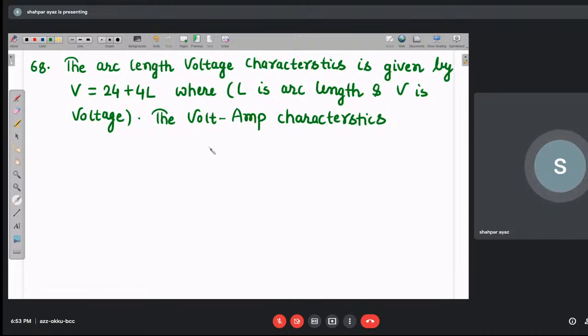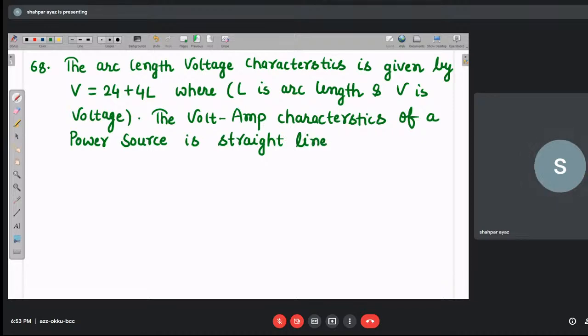Volt ampere characteristics means the relation between V and I. The characteristics of a power source is a straight line.